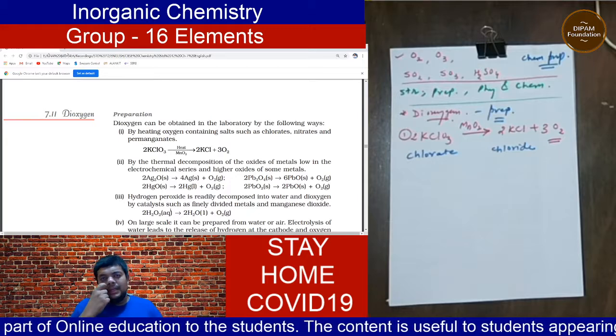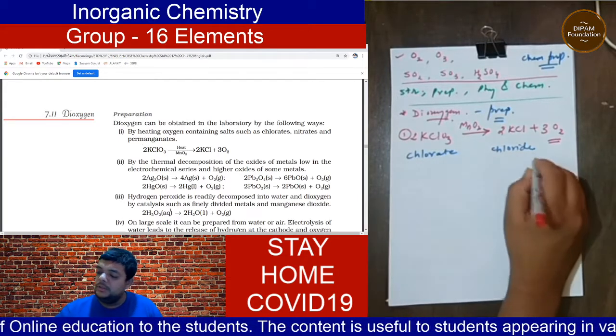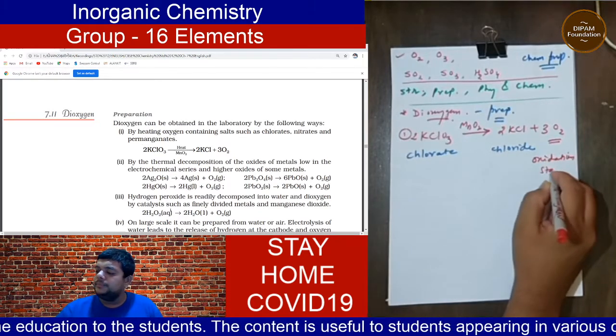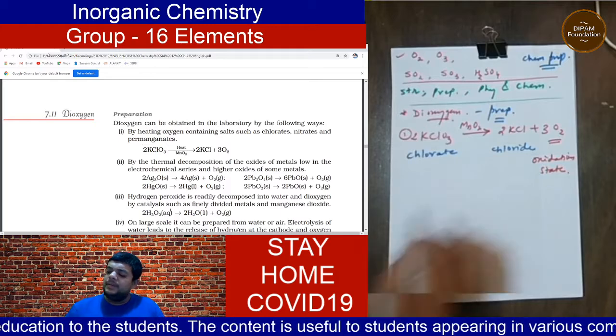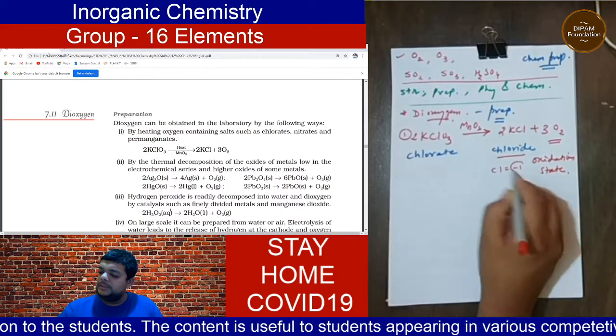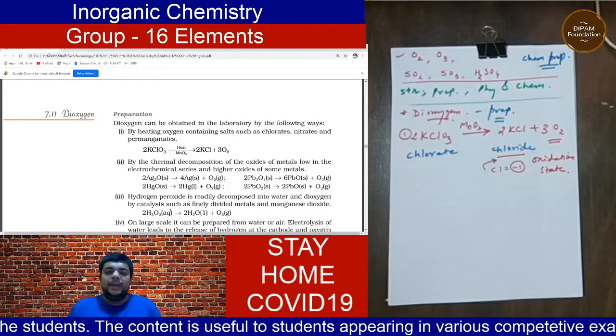The naming in chemistry depends on the oxidation states. So as and when we say that the oxidation state of chlorine is -1, we generally refer to chloride.